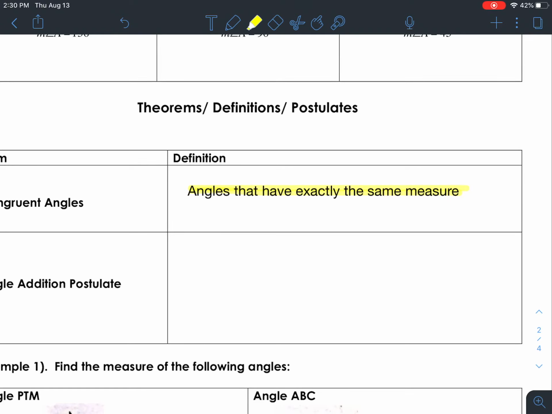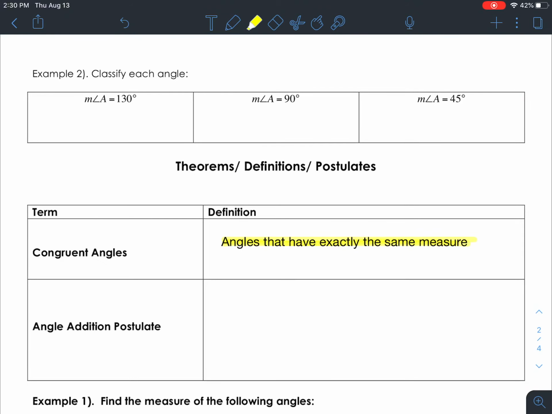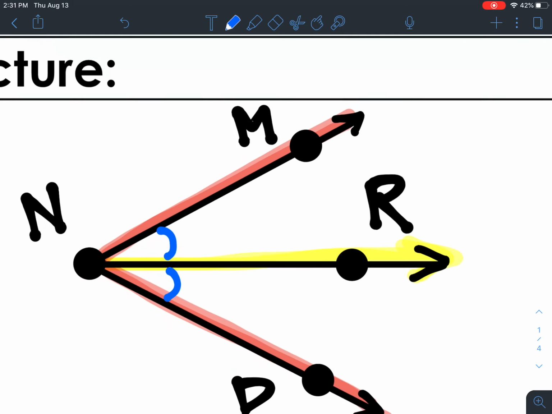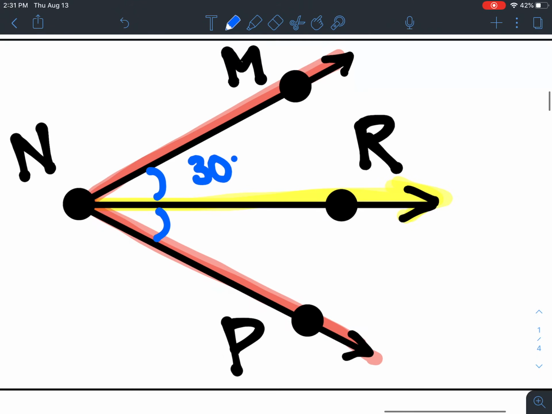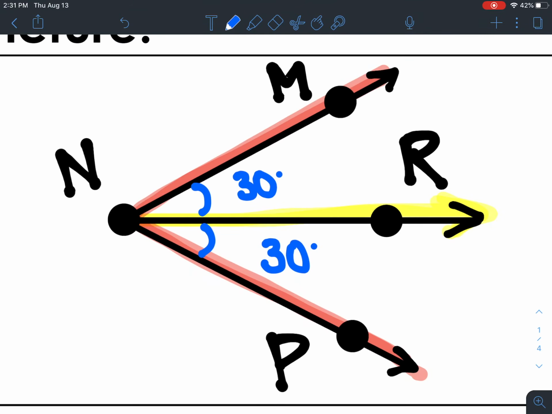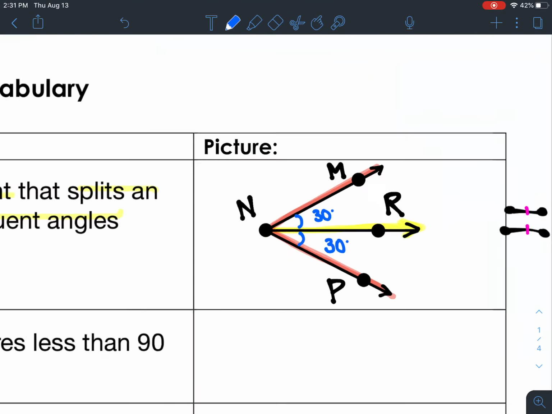So that means if this angle up here of MNR is 30 degrees, then angle RNP also has to be 30 degrees. So those measures have to be the same, okay? And we notate it by those swoops.